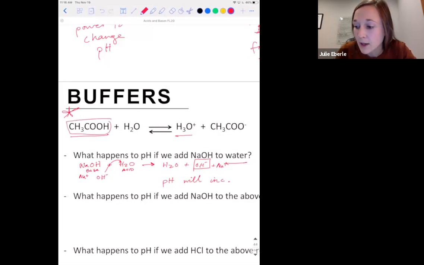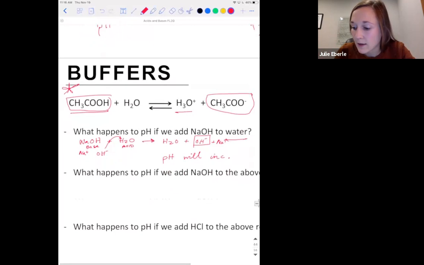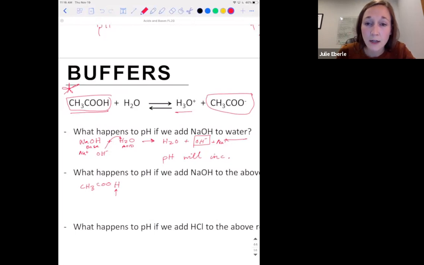It's this component and this component that actually constitute the buffer. So acetic acid, CH3COOH, here's our acidic hydrogen. Remember, it's the ones connected to oxygen that are acidic. And NaOH.